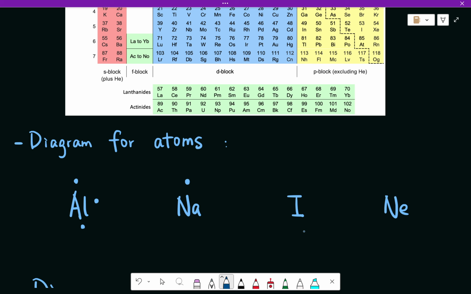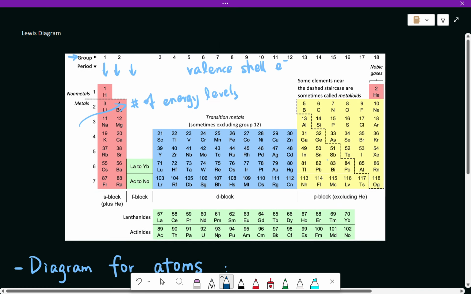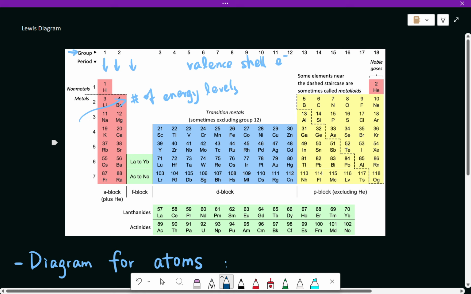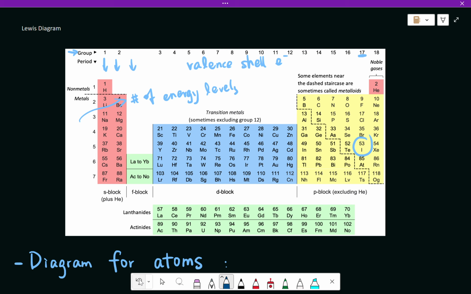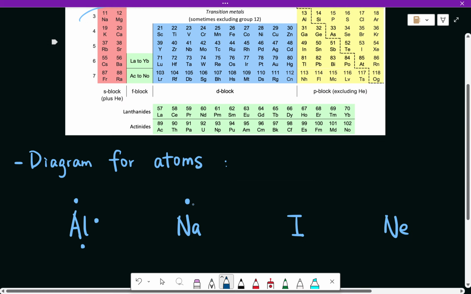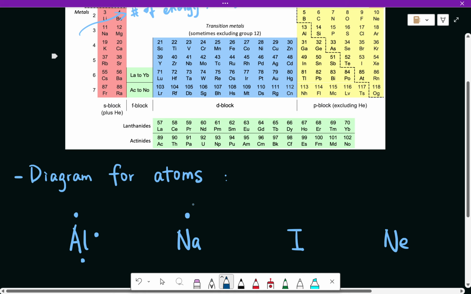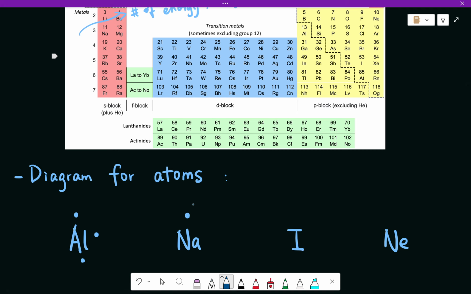And the next atom is iodine. Iodine is located right here, and it's in group 17. It is a halogen element. If it's in group 17, it has 7 valence shell electrons. So we still start from the top.